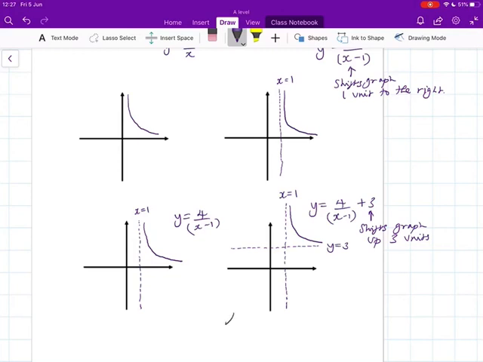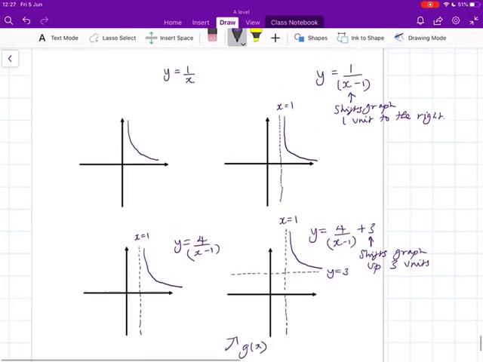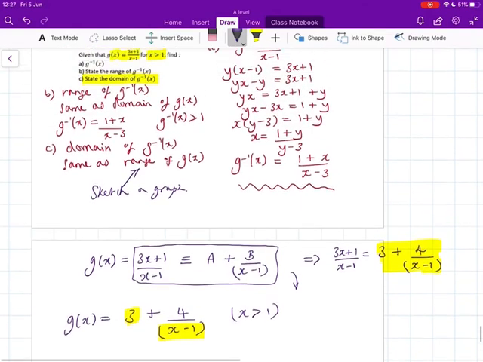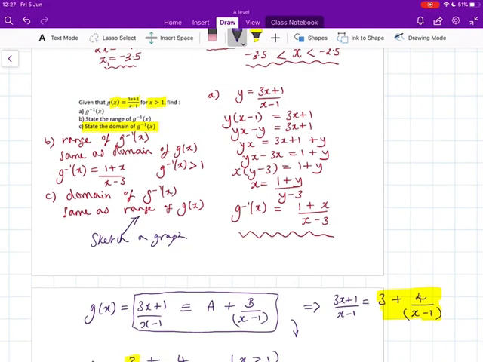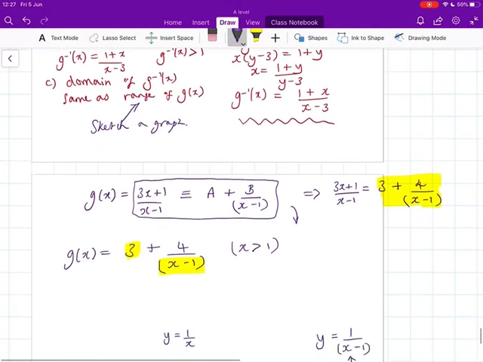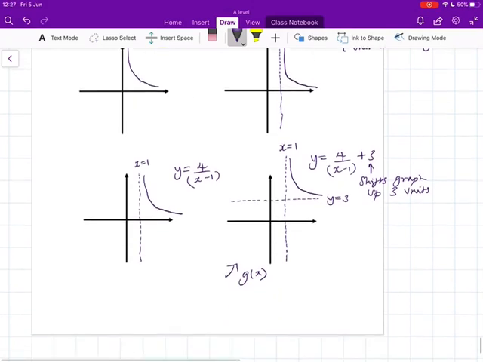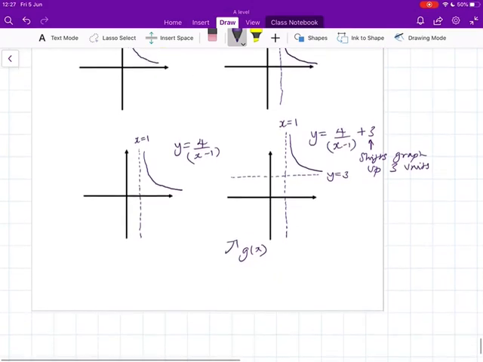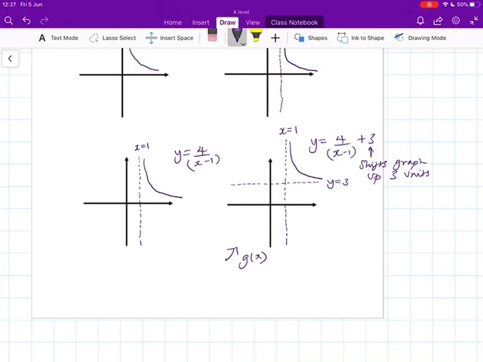So we've now drawn our graph. This is our function g of x. And we remember we're trying to find the range of our function g of x, because that will be the domain of the inverse. We're only looking for x being greater than 1, and that's okay on our graph.